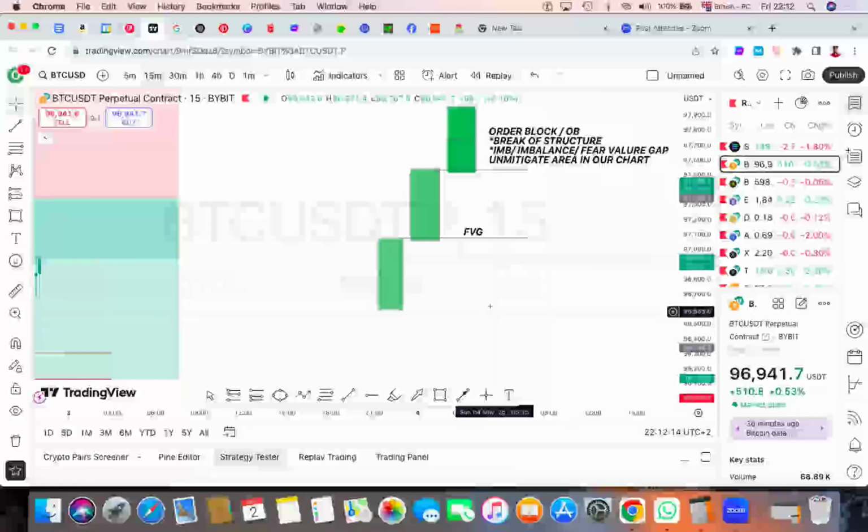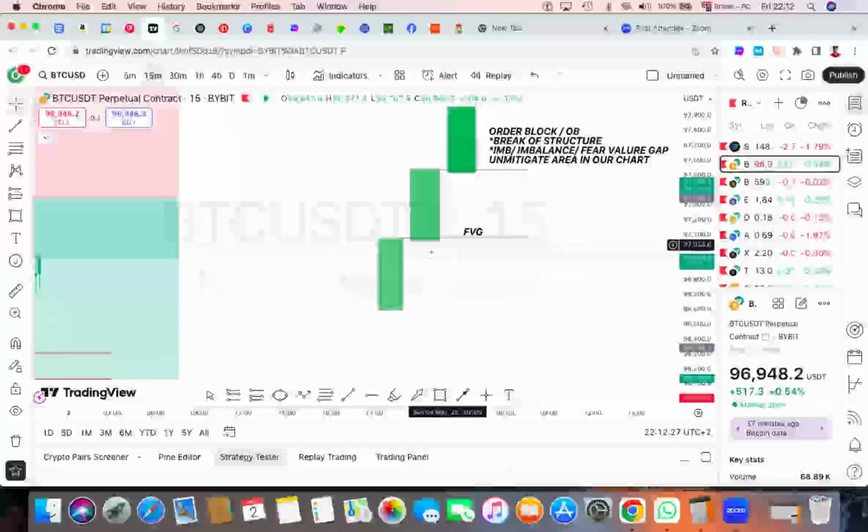So what is our unmitigated area? There are orders in our order book. When you go to, for example, Binance or any of your exchanges, you will see that we have the buy side and the sell side where you click buy and sell. You see numbers running side by side.